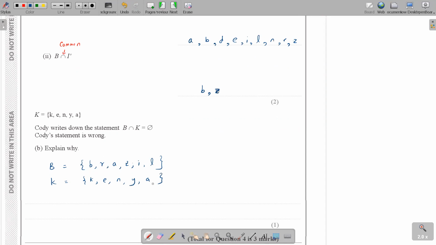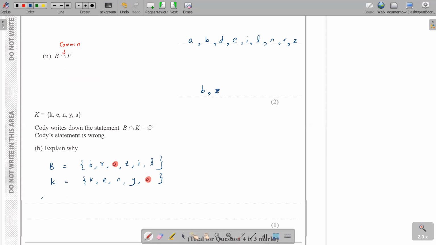I think you can see why Cody's statement is wrong. When you take B intersection K, the common elements, we can see A is common to both B and K, isn't it? A is common. Is that all? Do we have anyone else? B is not common. R, Z, I, L, the other letters are not common, but A is common.